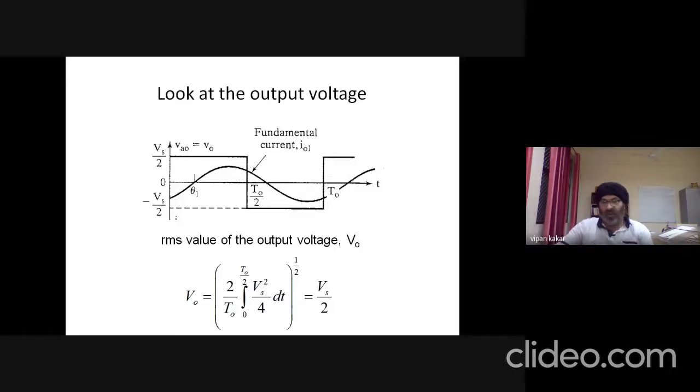So mathematically, if we want to analyze, we can easily find out the average voltage at the output. And this is the RMS voltage. Average voltage easily we can find out. RMS voltage, again, this supply voltage squared, taken the mean from 0 to time turn on, T on, divided by the total time period, and then taking a square root. And after solving, you get half of the value, which is equal to the average value.